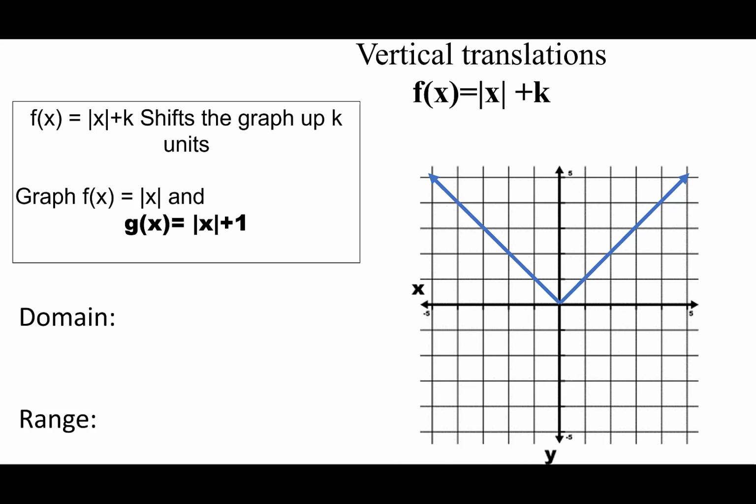If we are adding, it's going to shift it up that number of units. So in this case, when I've already got f of x graphed here, we're going to shift g of x. And g of x is the absolute value of x plus 1. So that means I'm taking those points I found earlier, and I'm shifting them up 1 space.